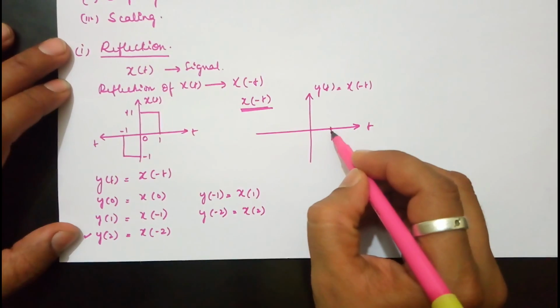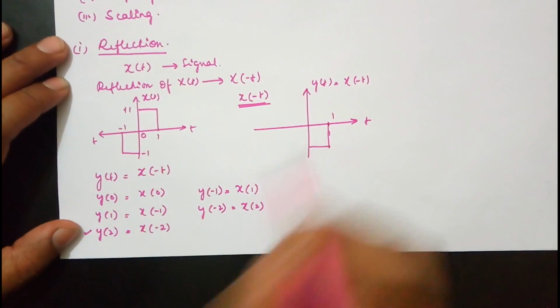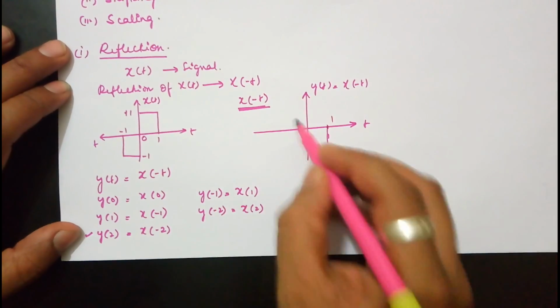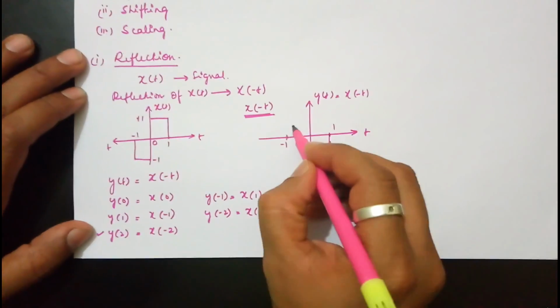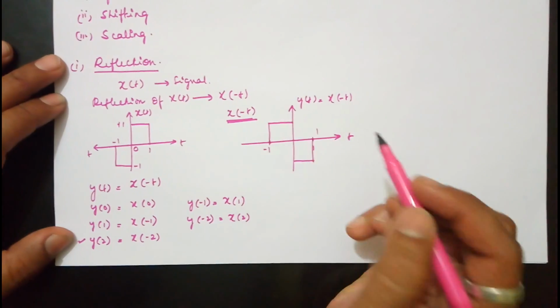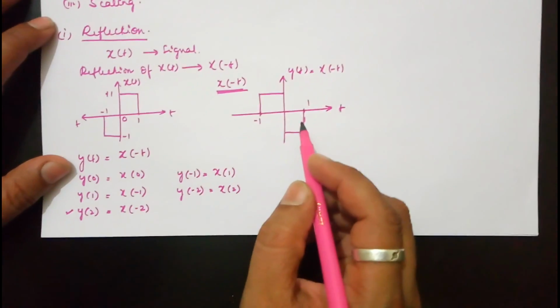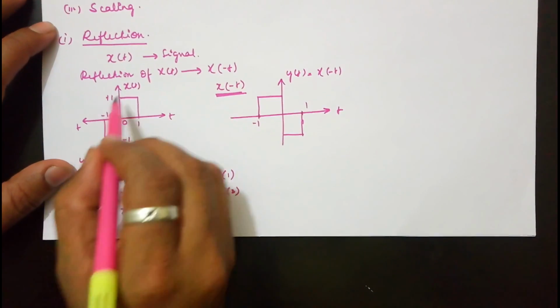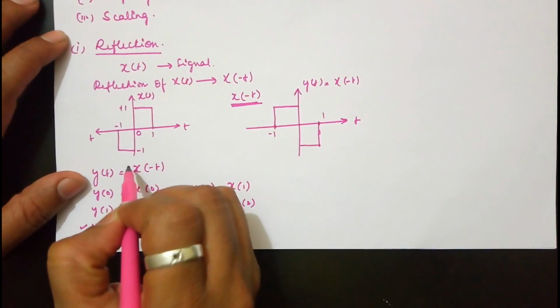So I'll be getting the waveform here, and y of minus 1 is x of 1, so that means I'll get the waveform here. So basically reflection means you're taking the mirror image of your original signal about the y-axis.